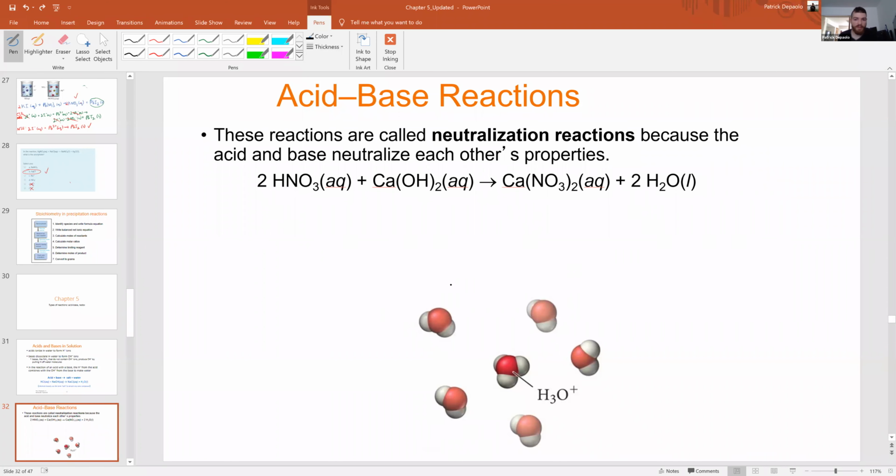Okay, here we go. Let's do the net ionic equation. You have HNO3. Now in solution, it'll be 2H+ (aq) plus 2NO3- (aq) plus Ca2+ (aq) plus 2OH- (aq).